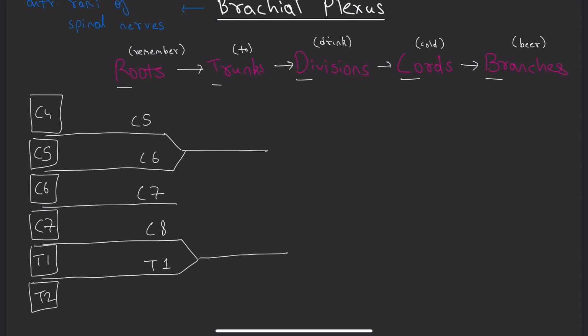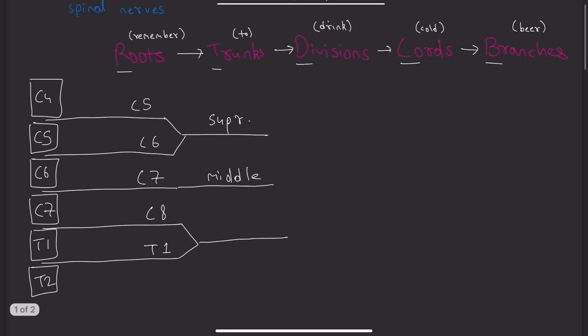But the C7 root will move straight ahead. So now what we have here are trunks. So the C5 and C6 roots combine to form the superior trunk. The C7 forms the middle trunk and C8 and T1 combine to form the inferior trunk.